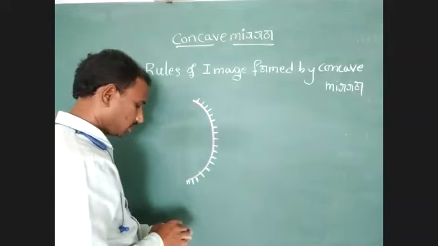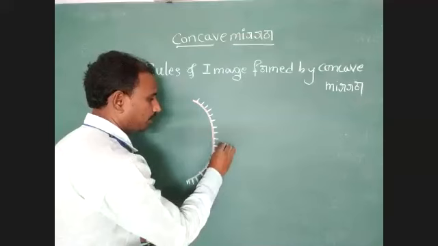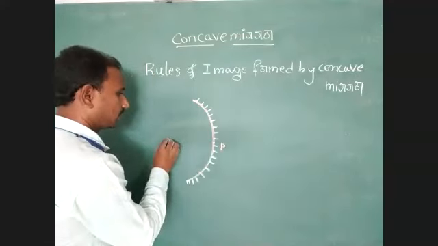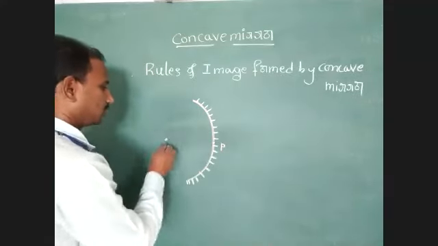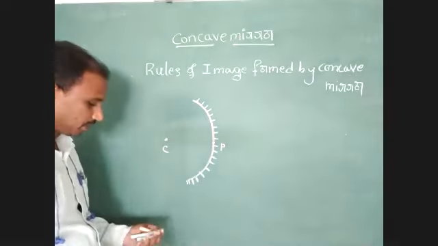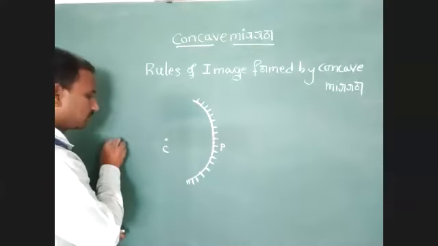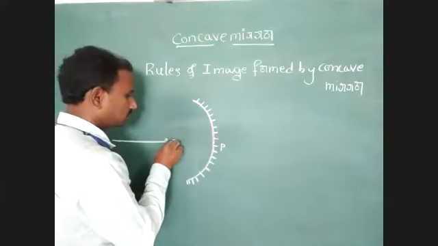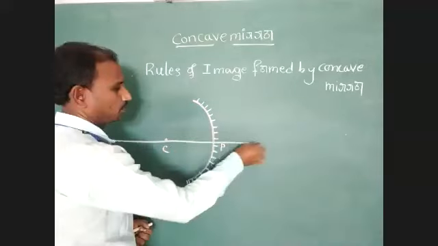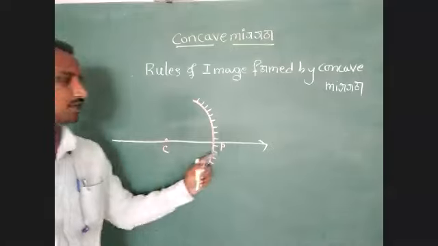Identify the pole of this concave mirror. The pole is at the midpoint. The center of curvature of this concave mirror is C, and C is outside. We have to draw one principal axis. This principal axis passes through the center of curvature and the pole.